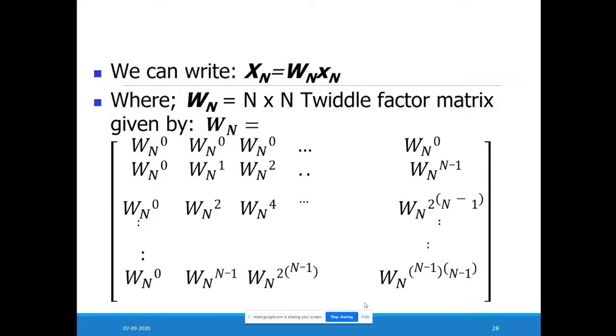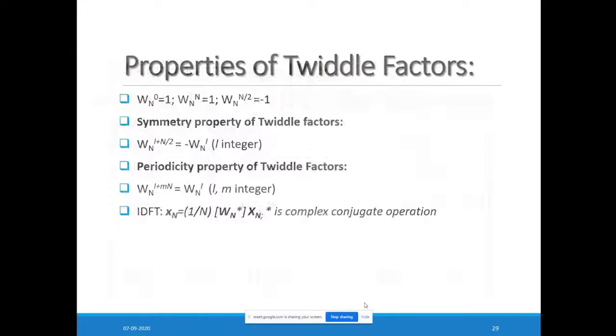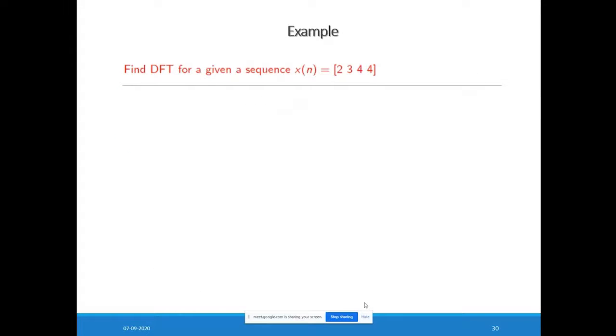So now let us move to the next example based on this Twiddle factor. First is find the DFT of a given sequence x of n is equal to 2, 3, 4, 4.